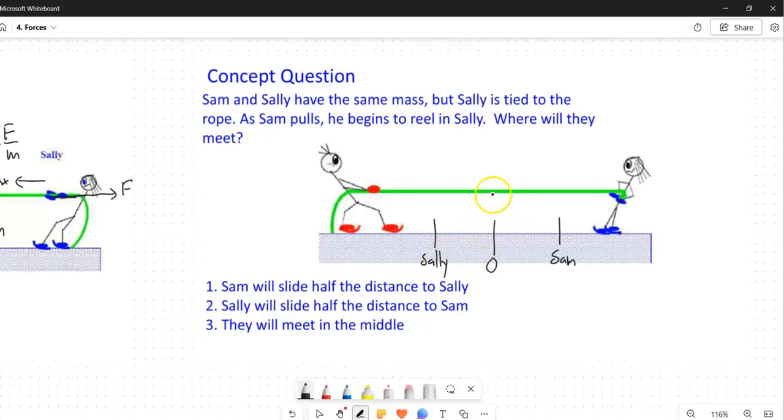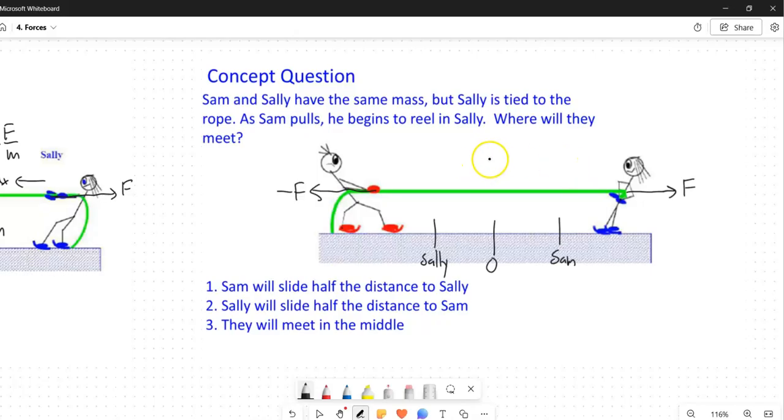Okay. Well, again, Sam is pulling this way. Sally is pulling this way. Well, even though Sally is not pulling, forces are always equal and opposite.